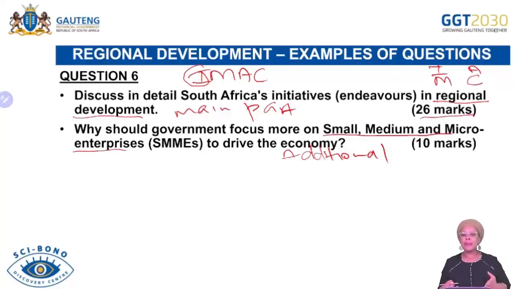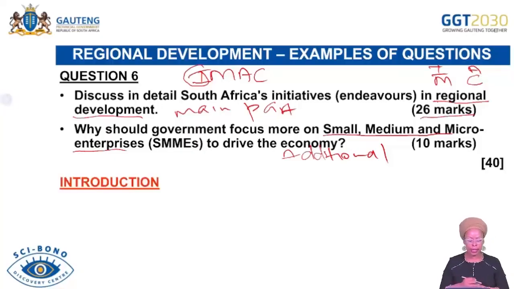You can describe that in the introduction. Avoid writing in the introduction that I will discuss SDIs, SEZ, corridors. If you mention all this in the introduction, when somebody is marking the main part of the body, you will not be awarded marks for that because already you have mentioned the information in the introduction.